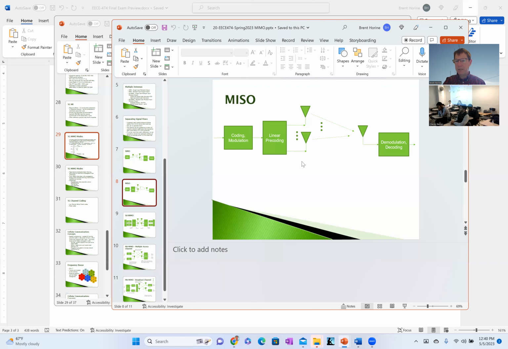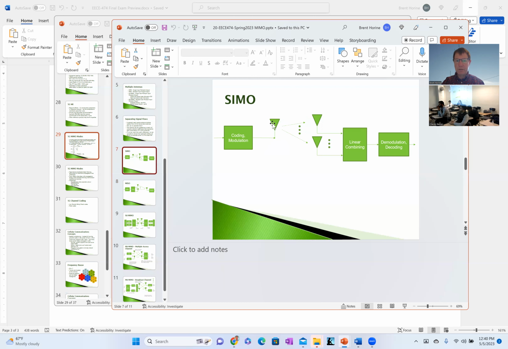Now it has that information. It encodes that information and sends it back to the transmitter. Now the transmitter can use it in this linear pre-coding. And of course, then the receiver moves and it's got to be done all over again, right? So it's a continual process. That's in comparison to the SIMO situation, where all that linear combining is done at the receiver.